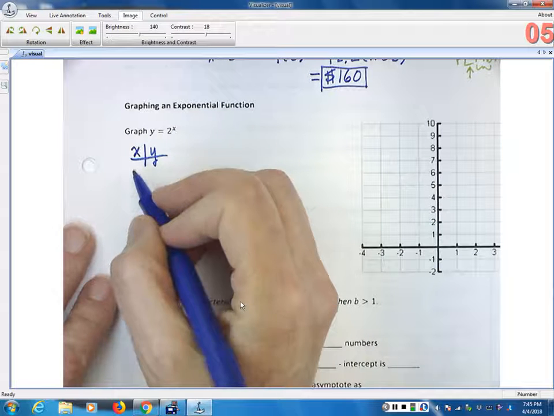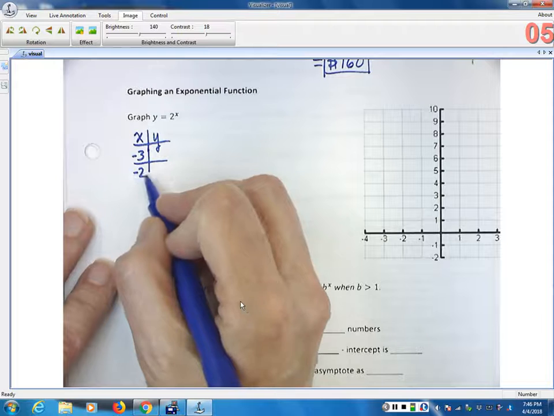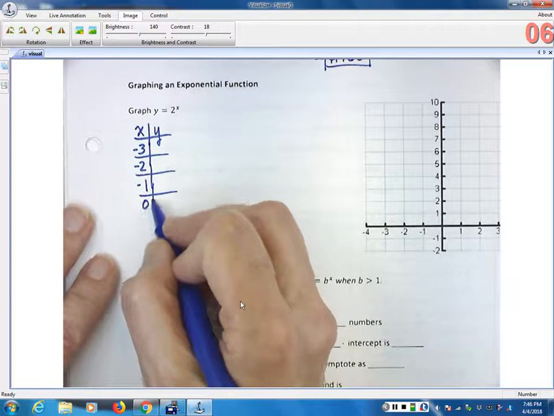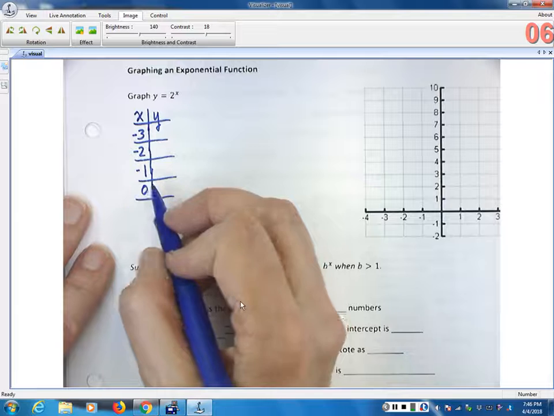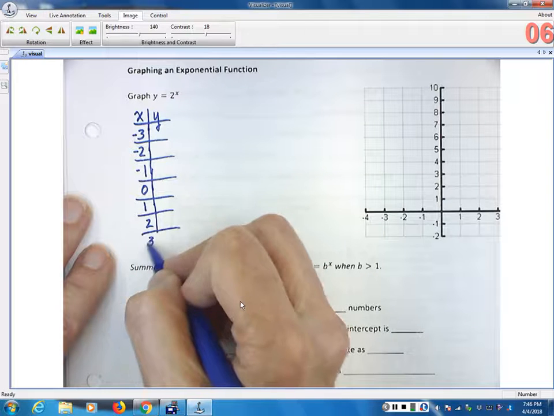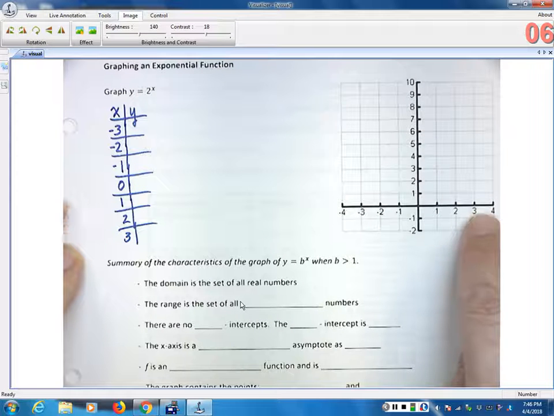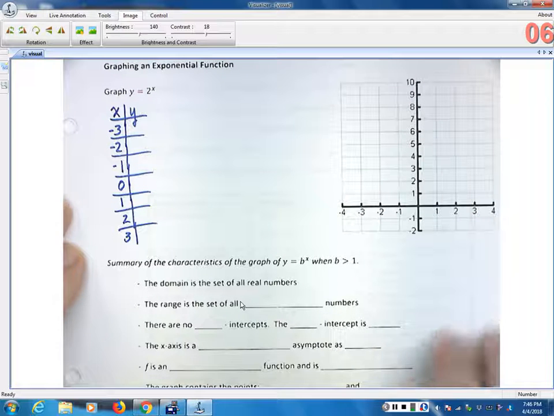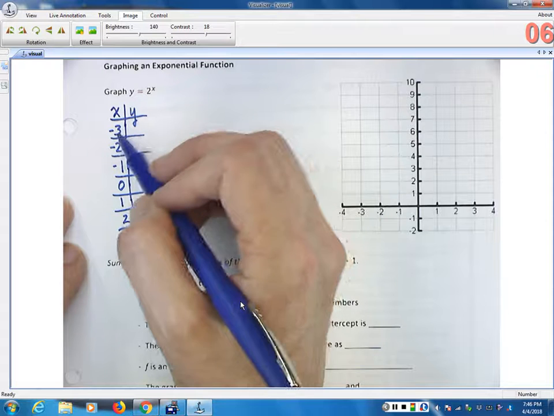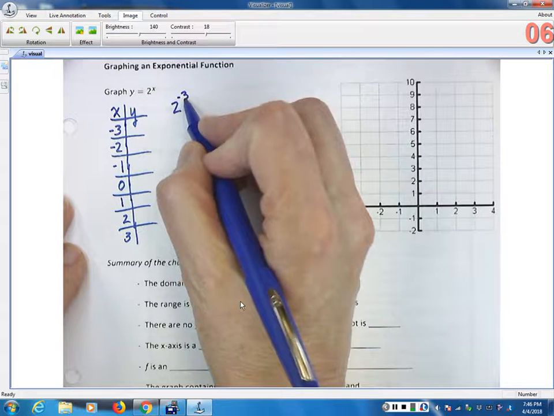Like we're going to pick -3, -2, -1, 0, 1, 2, and 3. Okay, I'm just picking convenient values of x. So, y equals 2 to the x, when we put in -3, we get 2 to the -3.